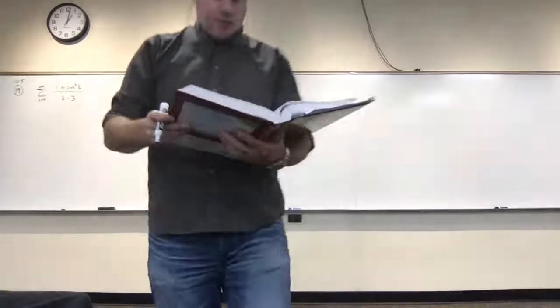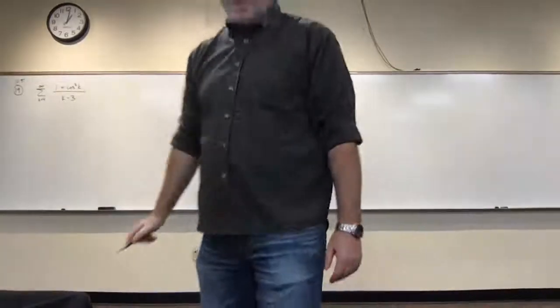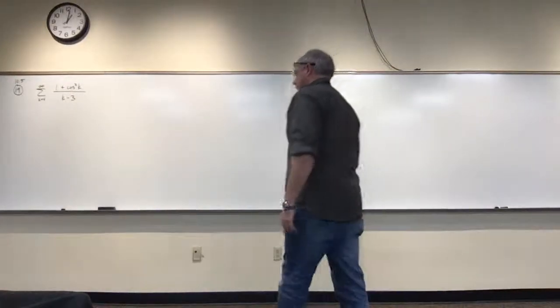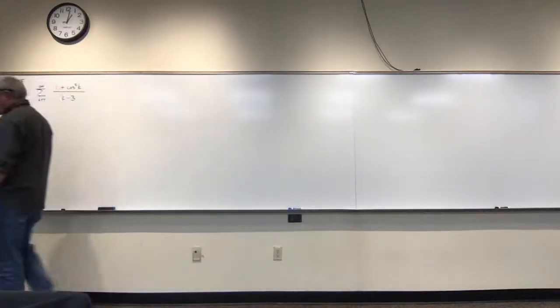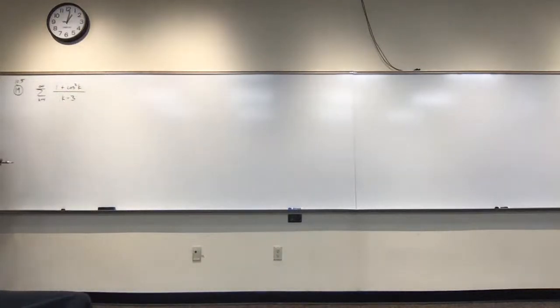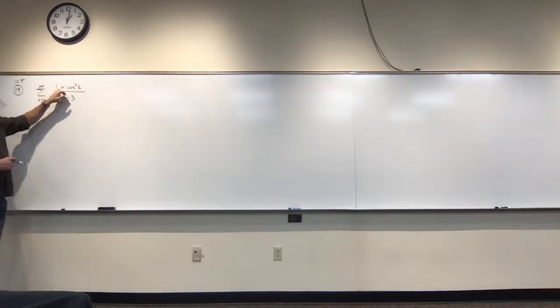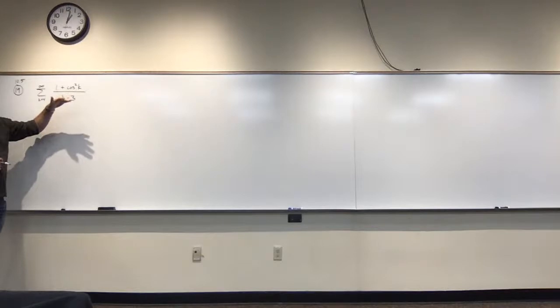Okay. So they say to use a comparison test or a limit comparison test. Okay, there's a couple different ways to go here. One of them I like the most, and that is notice that the top here is 1 plus something that ranges between 0 and 1.